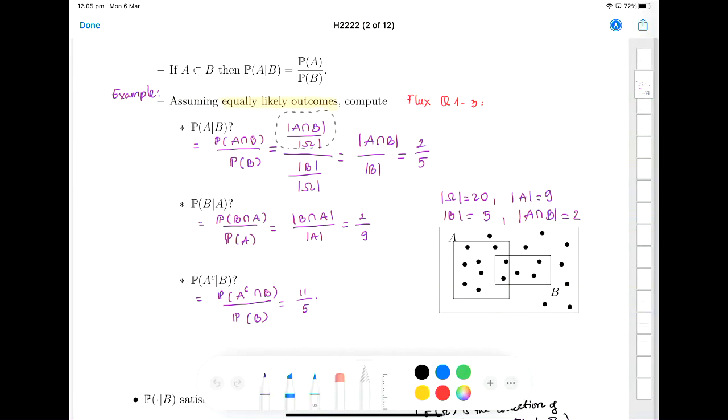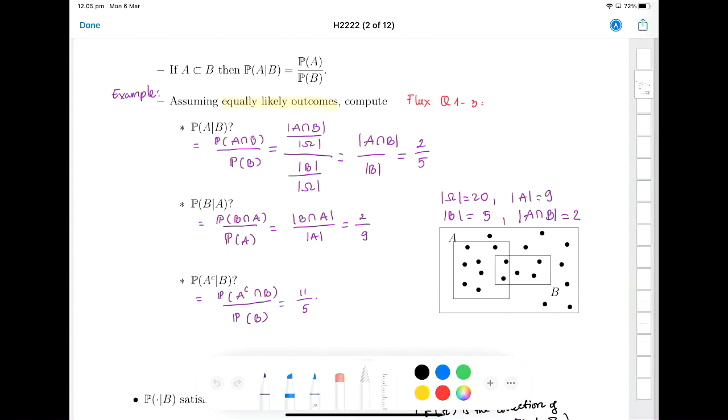And the probability of B equals the number of elements of B divided by the number of elements of omega. So the fraction is the number of elements in the intersection, which is 2, divided by the number of elements in set B. It is 2/5.